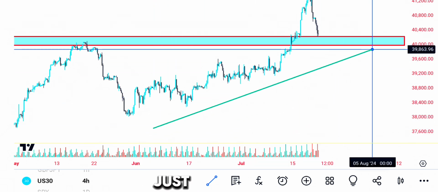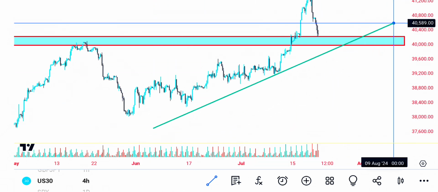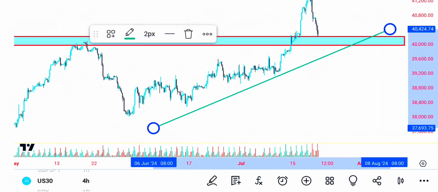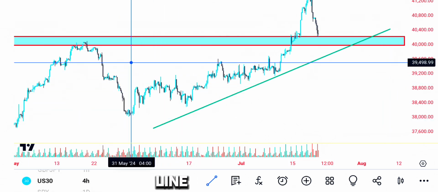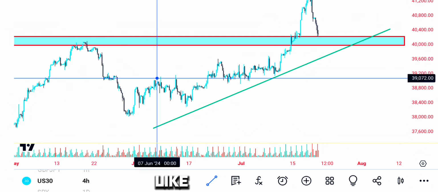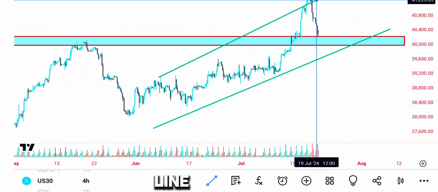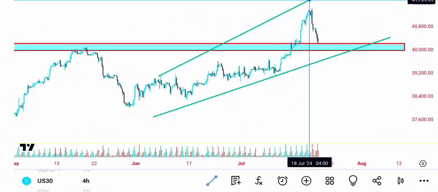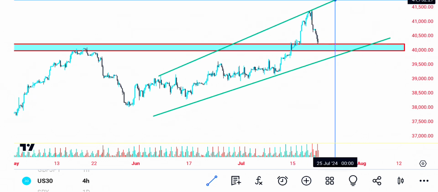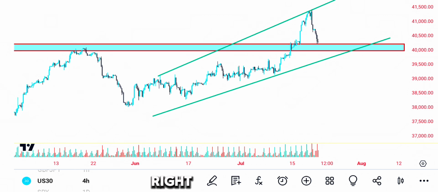So I simply just did this. Not necessarily a perfect trend line, but a trend line that shows me the direction, right? I simply did this, right?